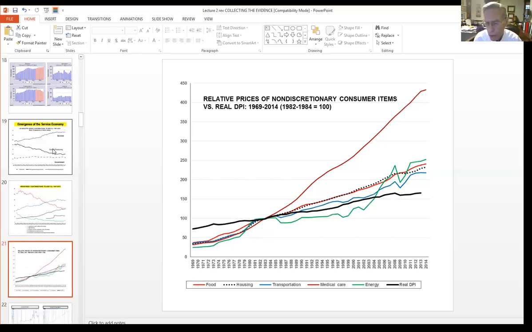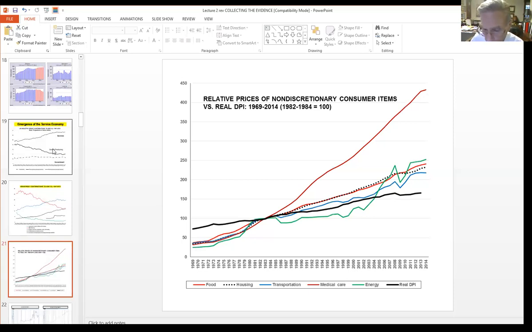And now if we look at the black line on this chart, that's the rate of growth in disposable personal income, essentially your take-home pay. It's your income, your wages and salary, less your income taxes and your unemployment taxes. So it's take-home pay.